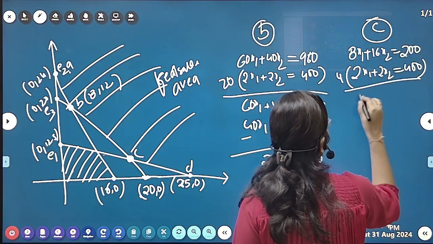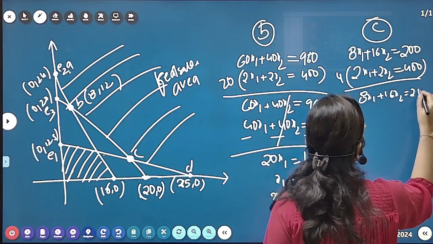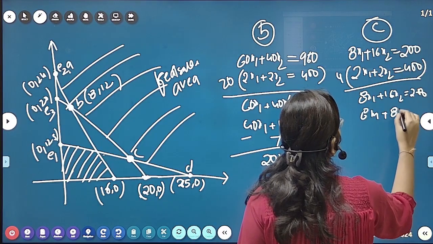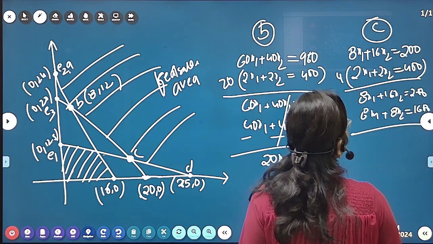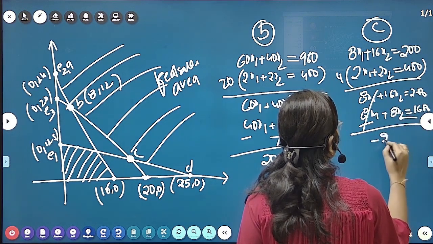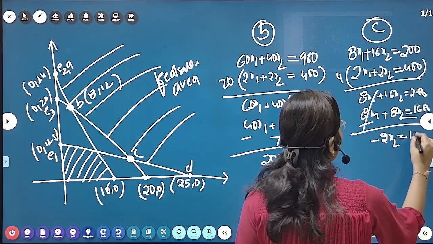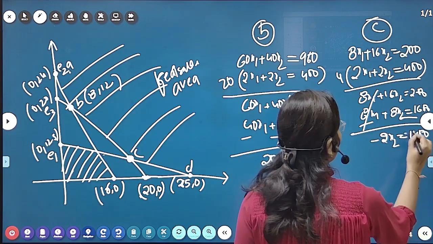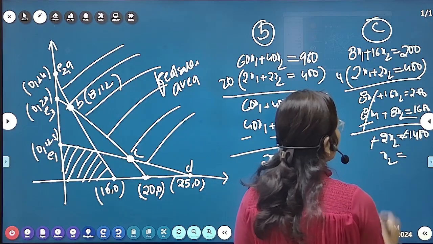So 8x1 plus 16x2 is equal to 200. 8x1 plus 8x2 is equal to 1600. So minus, minus cancel. So this will be minus 2x2, that is equal to 600 minus 200, 1400. Here it will be minus 1400. Minus minus cancel.